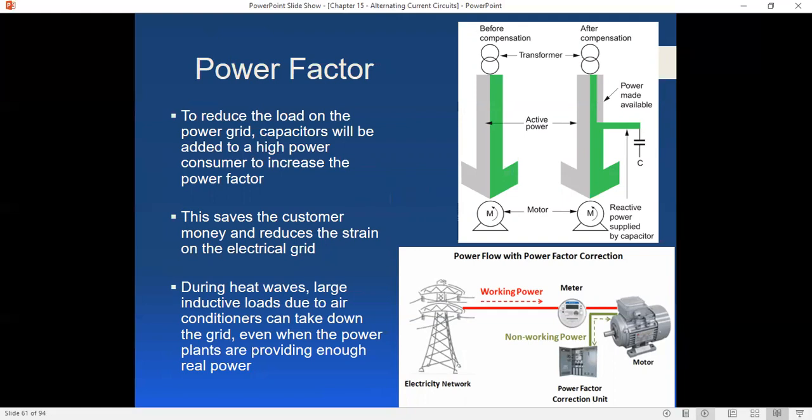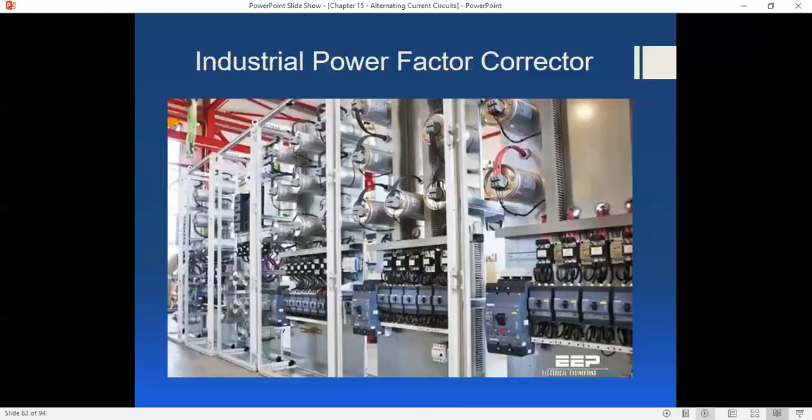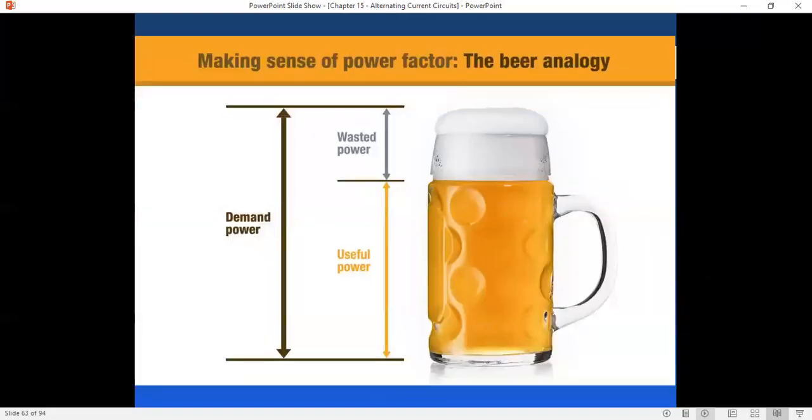Now, one way of thinking about this is there's a beer analogy. I'm not a drinker, so it's sort of an interesting analogy to use. Power factor, again, is a ratio, like efficiency.